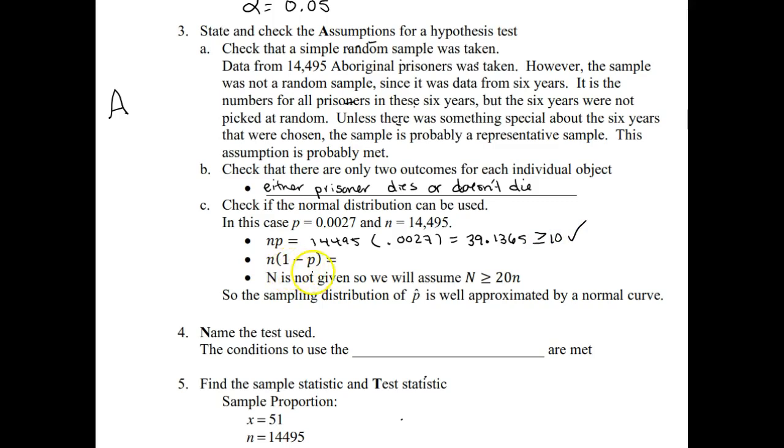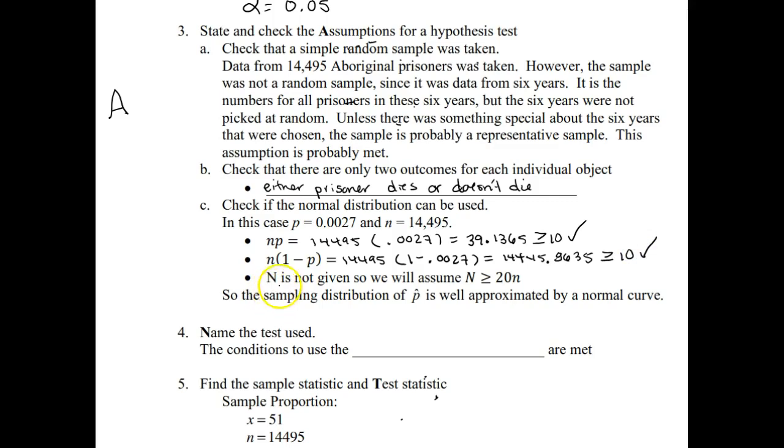And if we compute n times 1 minus p, we're going to get 14,495 times 1 minus 0.0027. Again, if we key punch that on the calculator, we get 14,455.8635, which again is definitely at least 10.